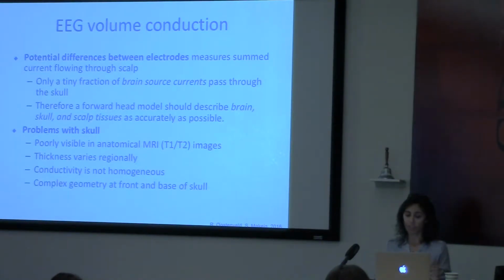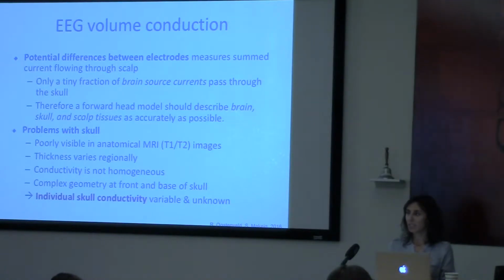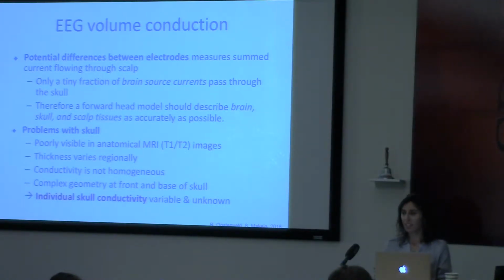Conductivity is not homogeneous, and we have individual skull conductivity for different subjects. We have recently developed a method to estimate skull conductivity using EEG and MRI, and I will talk about this in the afternoon session.